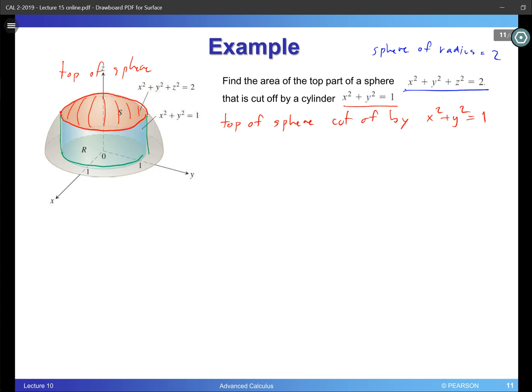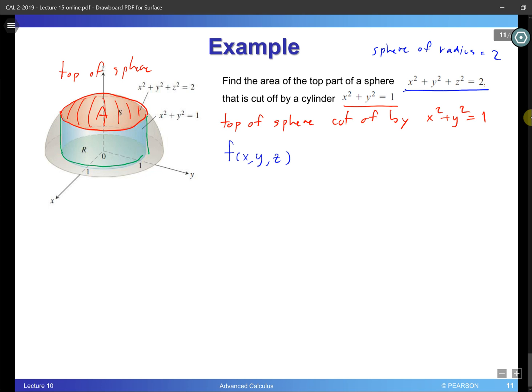Alright, so this is the information we have. So we are going to start to perform the integration to find the surface area of this. So the first thing is to find the equation for the surface that we are interested in. So that is f of x, y, and z.